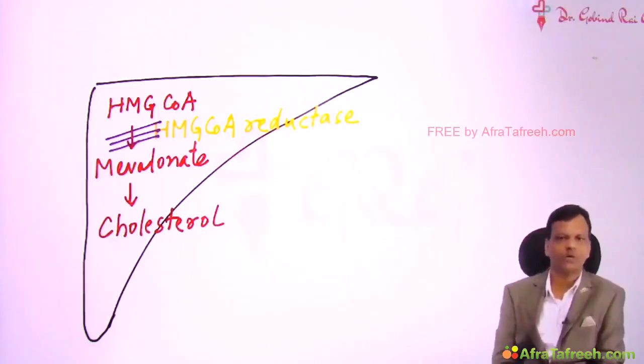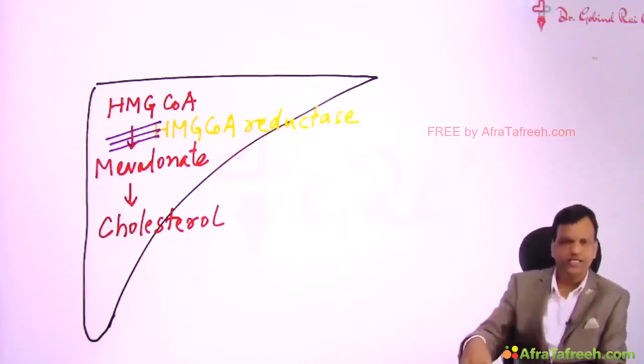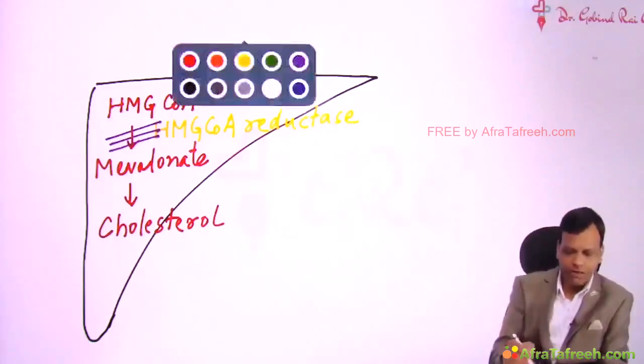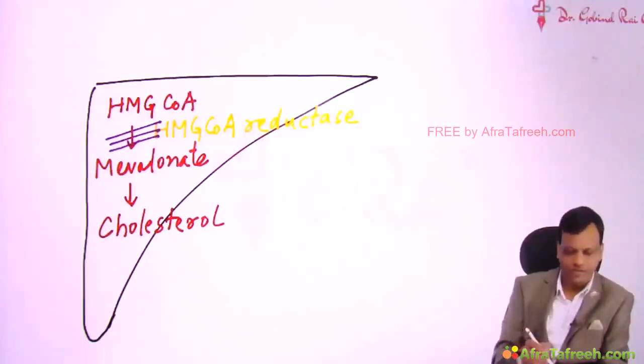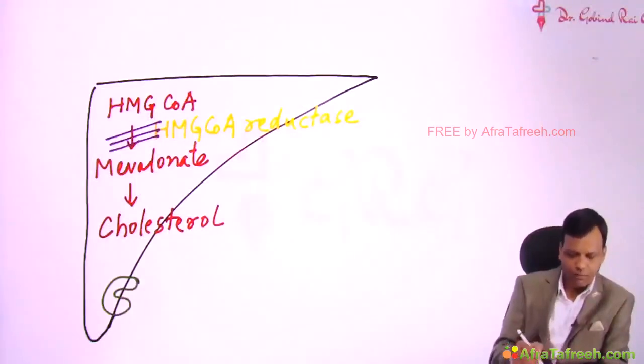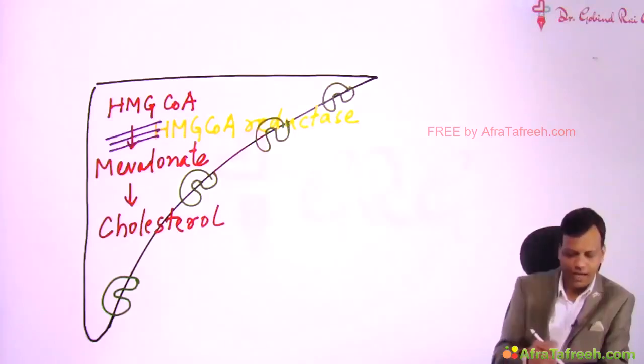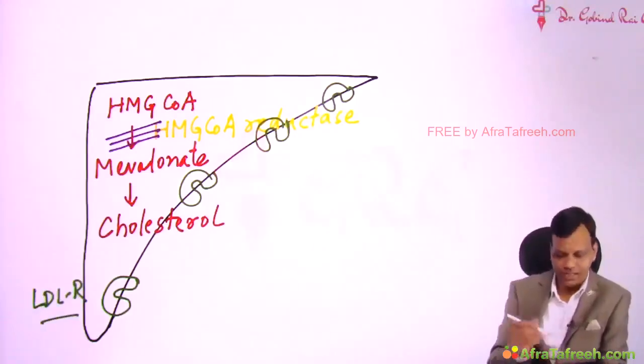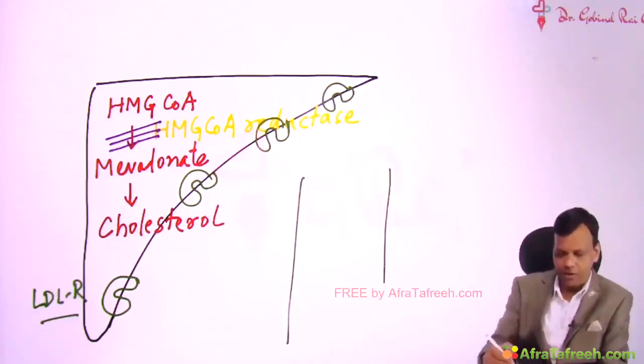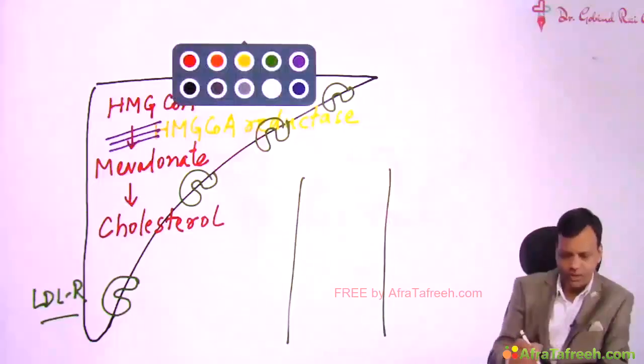As the liver is not able to produce cholesterol, it will increase the number of LDL receptors on its surface. So after some days, the number of LDL receptors increases on the surface of the liver.